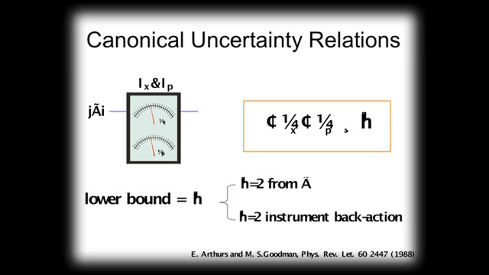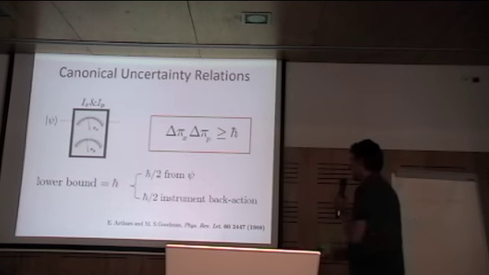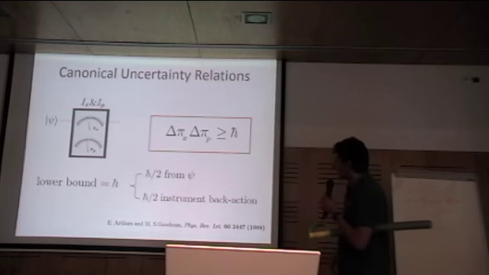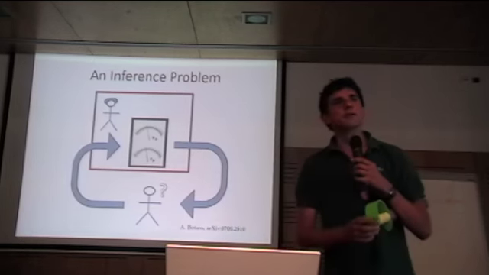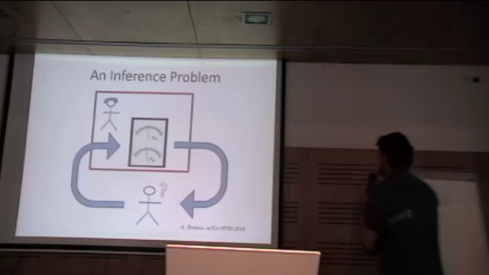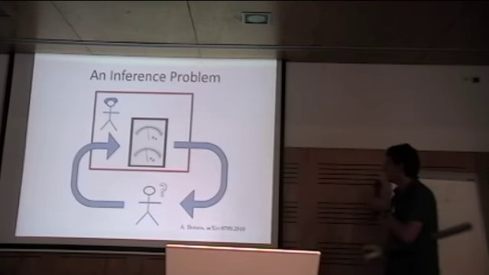One factor of h bar over 2 that's coming from psi, and then another factor of h bar over 2 that has to do with the simultaneous back reaction from one measurement device to the other, to the variable that's measured by the other one, and vice versa. So it seems to give you the idea that certainly there should be no way of undoing that bound.